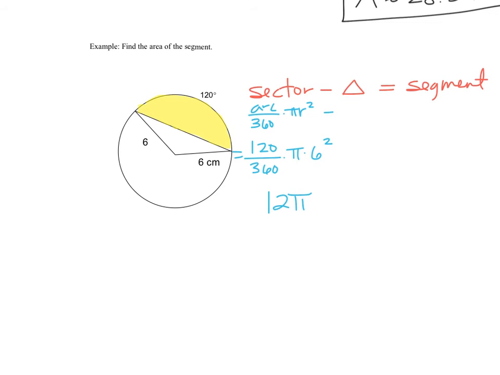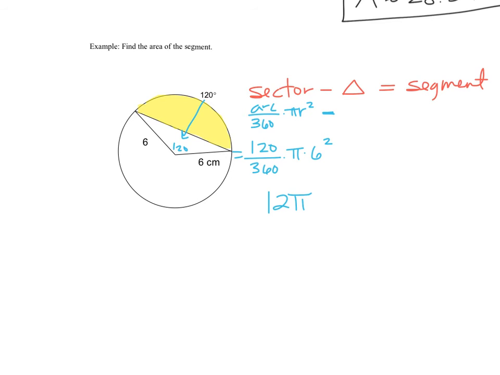Now here's the trickier, it's not trickier, this is easier, I think. This triangle, you could go like this and call this 60 degrees and do the whole 30, 60, 90 and find the base and the height that way. I think it's way more work. If I were you, I would think of it this way. I know this angle is 120.